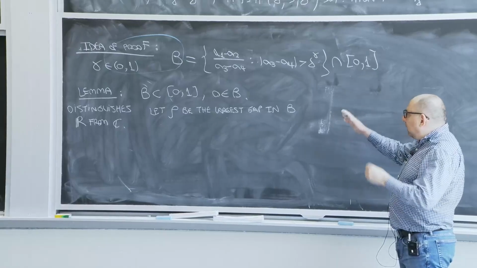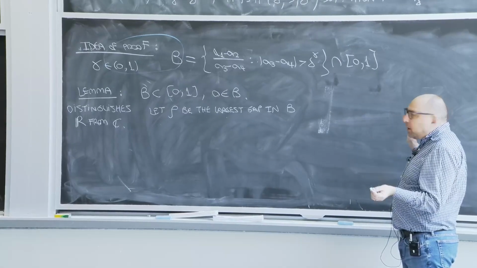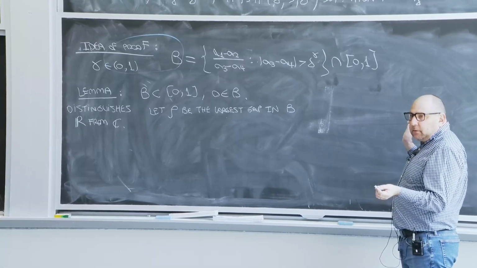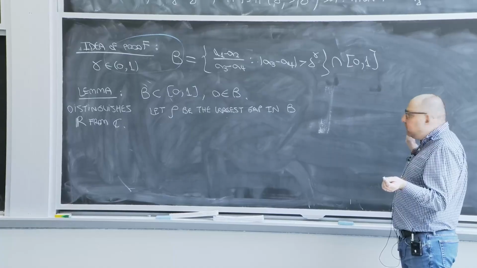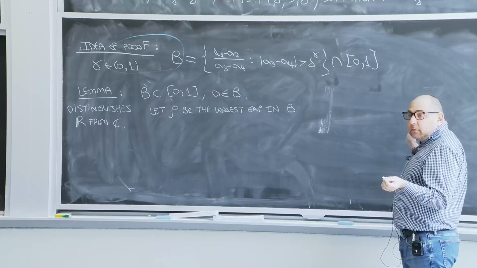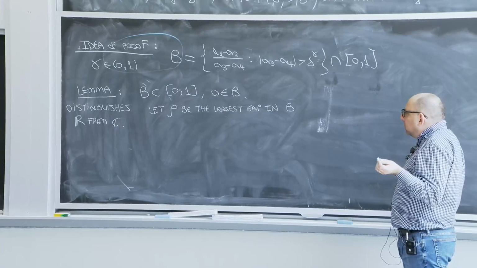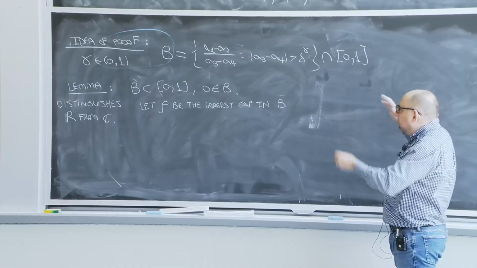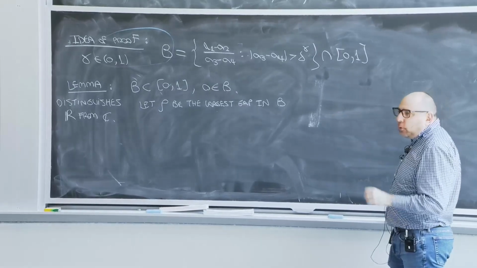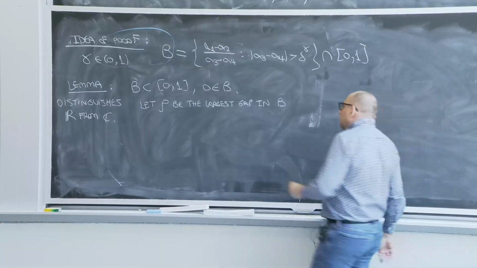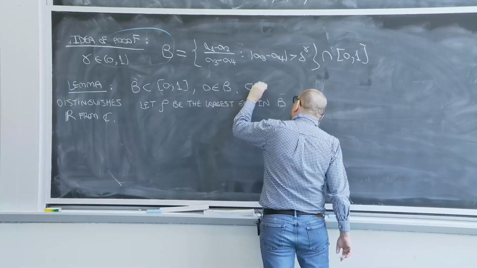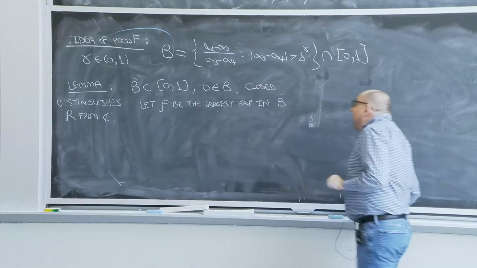A gap is a connected component of the complement. So we are in R, so connected components are segments. The complement is a union of segments. Well, it could be points, I mean, B could be dense. But let's imagine B is closed. It's not really important.